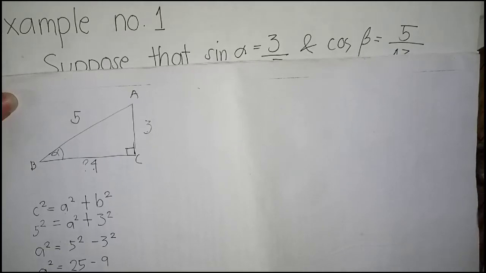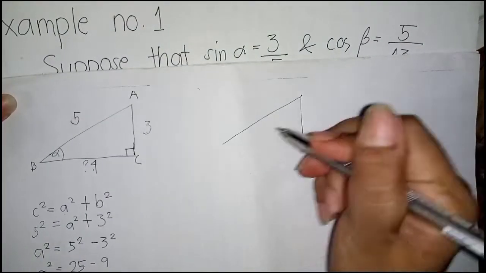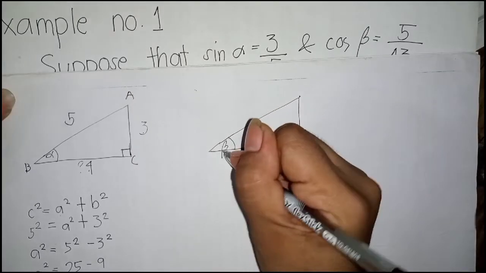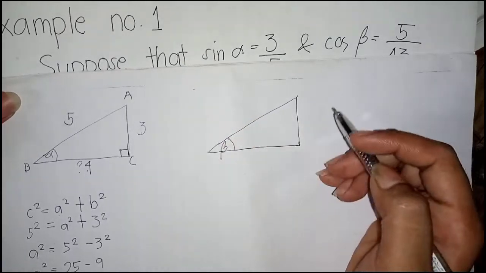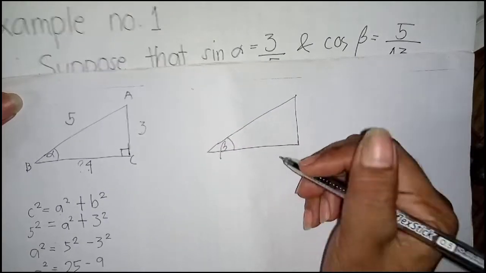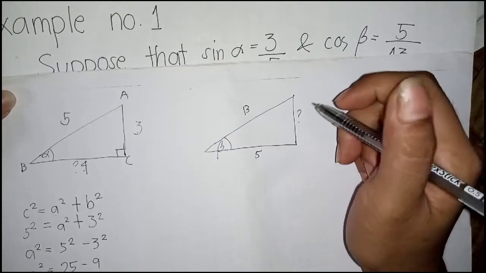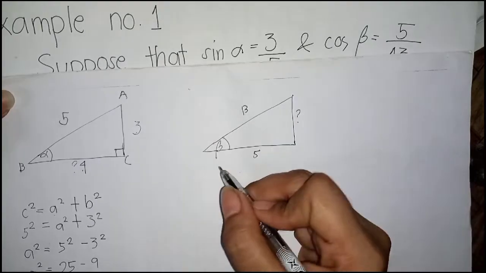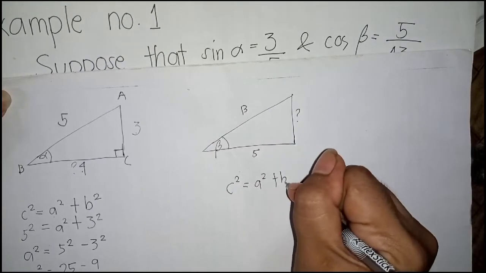So next, let's find the beta. Again, we'll draw a right triangle. So this is our beta. So cosine beta is equal to adjacent over hypotenuse. So 5 over 13. So the missing side is the opposite. So let's find the opposite side of beta. So c squared is equal to a squared plus b squared.